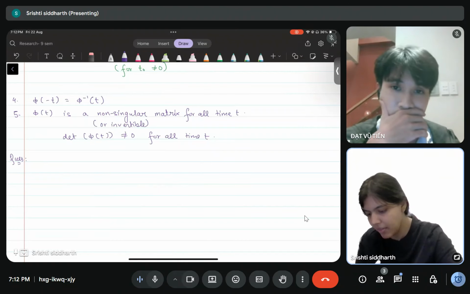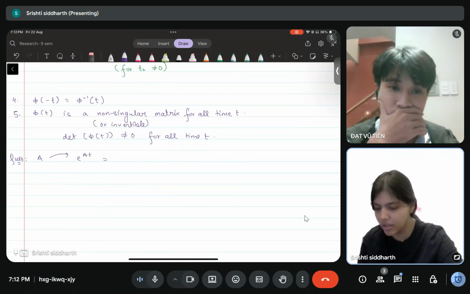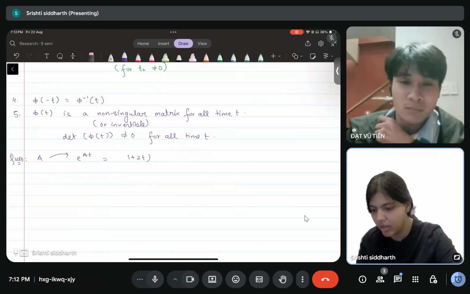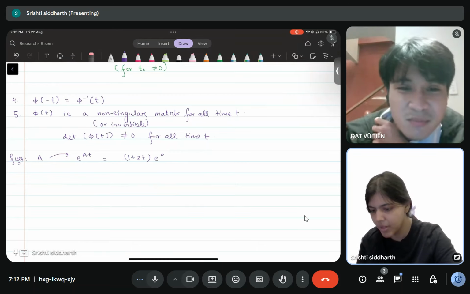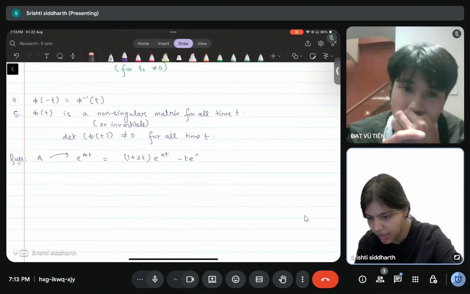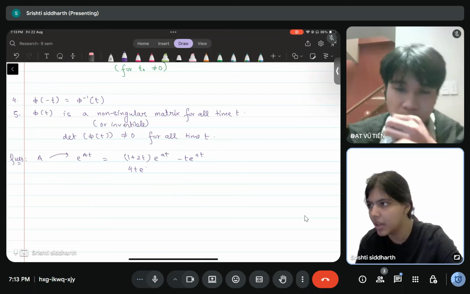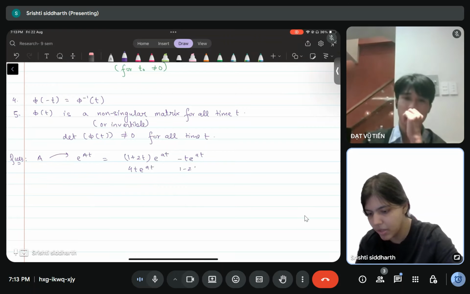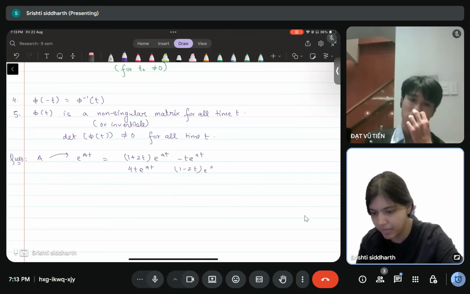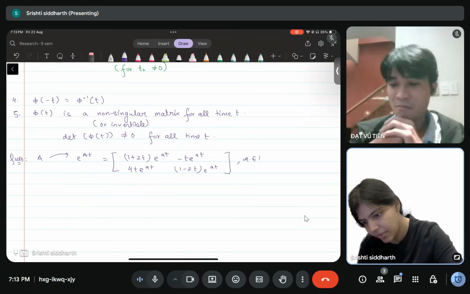So let's say that we have some a, we got e to the power at, and this is what we have: a minus t e to the power at, 4t e to the power at, 1 minus 2t e to the power at. a is any scalar.